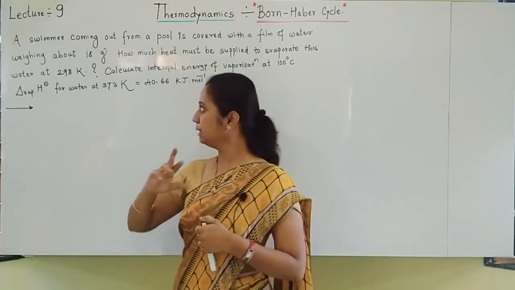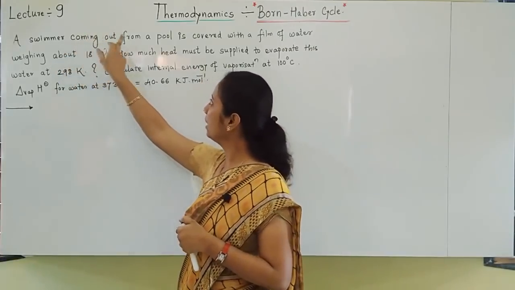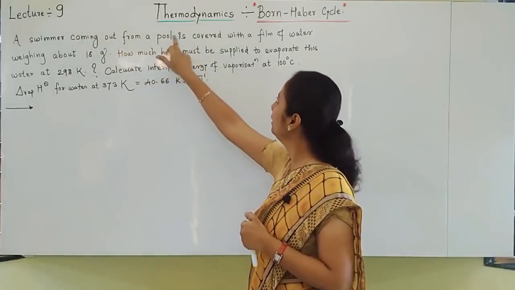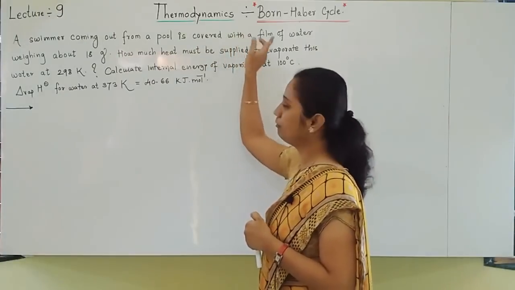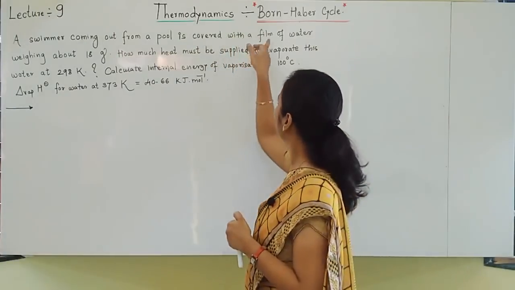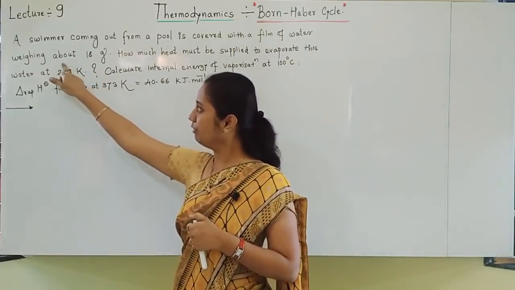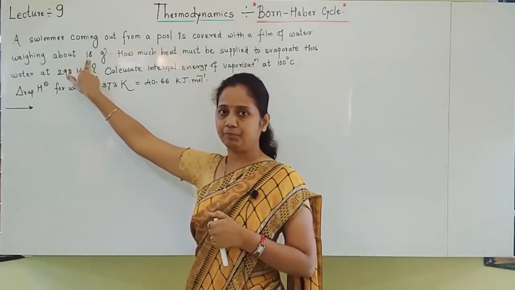So see the problem. A swimmer coming out from a swimming pool is covered with a film of water. On his body a film of water is there, and that water film has a weight of 18 gram.